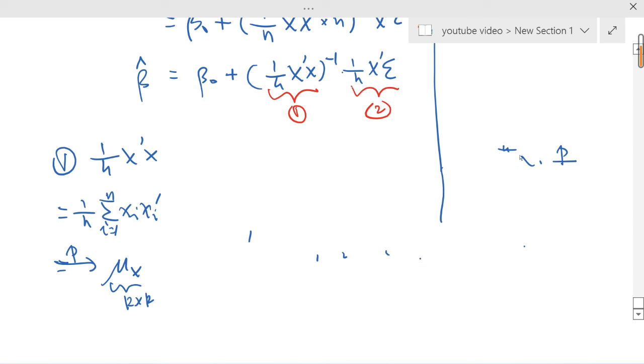Second term. Again, we can see that this is an average of IID random variables.